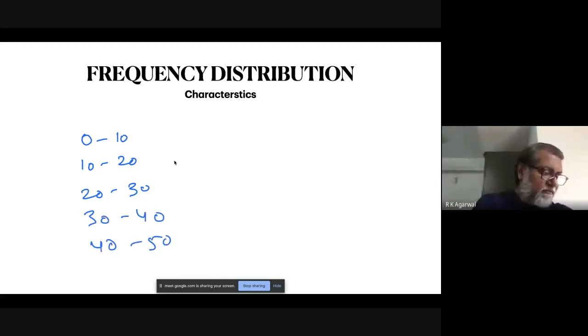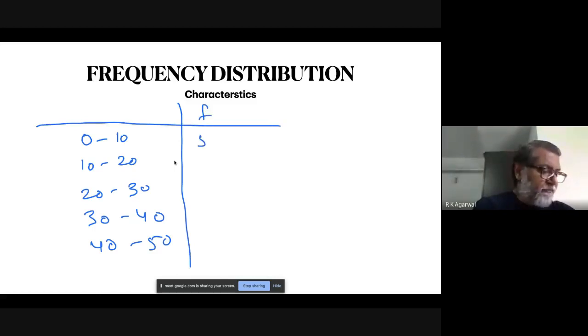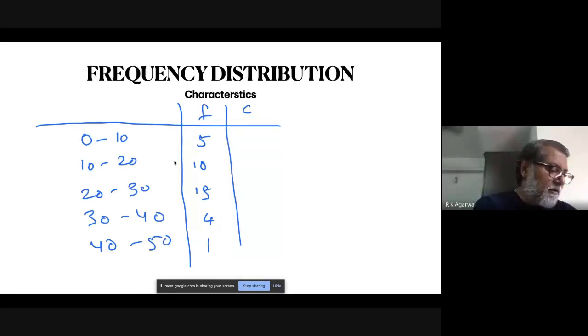Let us say we have these 5 classes, and the frequencies are 5, 10, 15, 4, 1. Now, let us cumulate it up, and then we will cumulate it down.